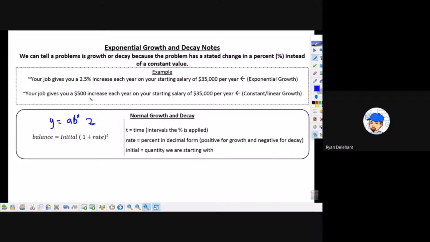So if I were to set this up using this first example, and I wanted to figure out my balance. Now balance is a very generalized word. Balance could be however much you have after a year. This time we're measuring salary. So our balance is going to be our initial, which was $35,000.